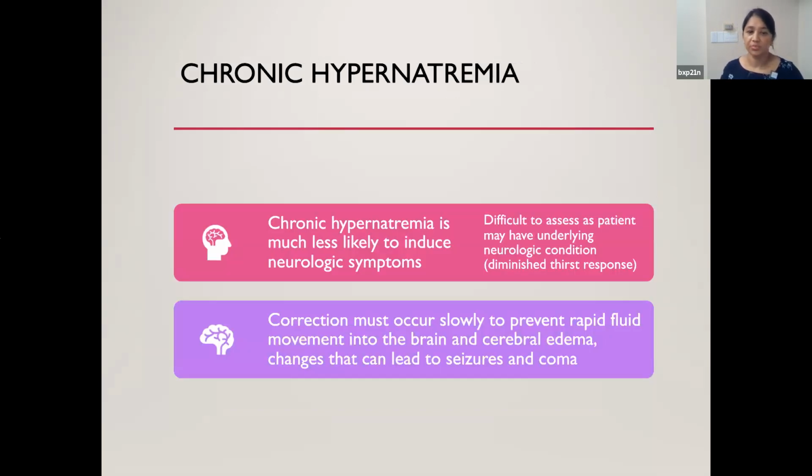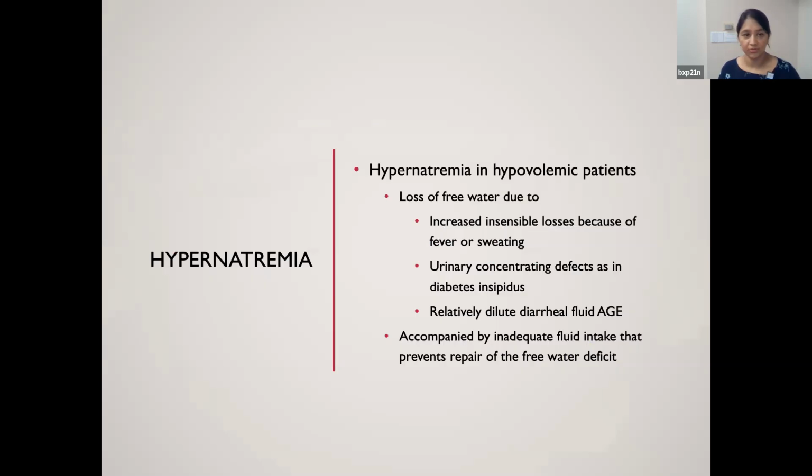With the chronic hypernatremia, they will be normal looking, and you will correct that slowly as well. It especially happens to those with the underlying neurological condition, especially diminished thirst response. And if you do rapid correction, they will have cerebral edema, and that can lead to seizures and coma.